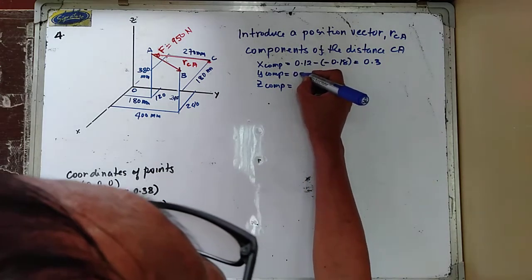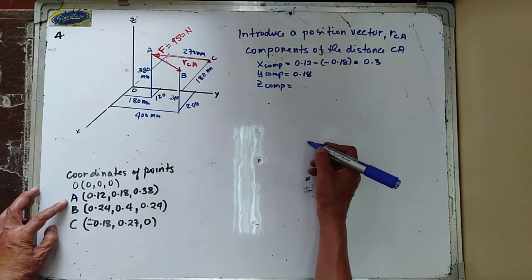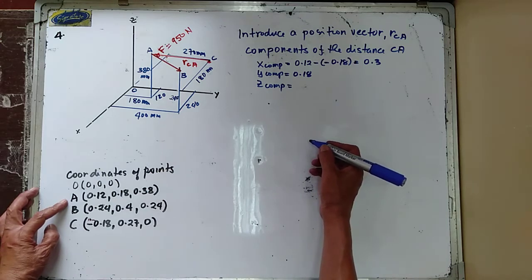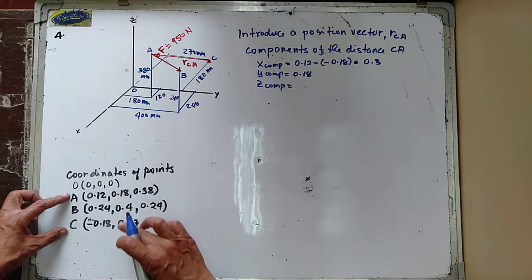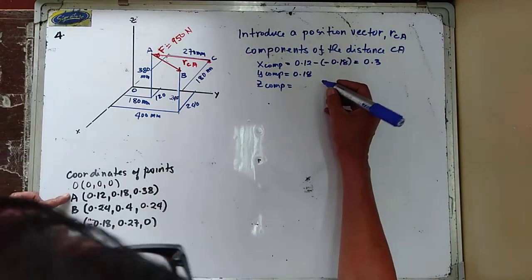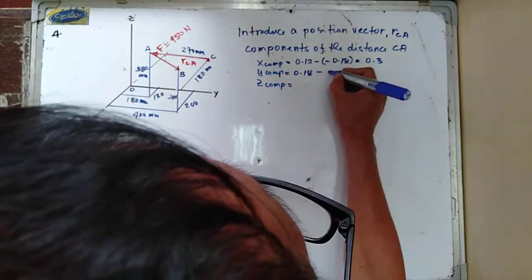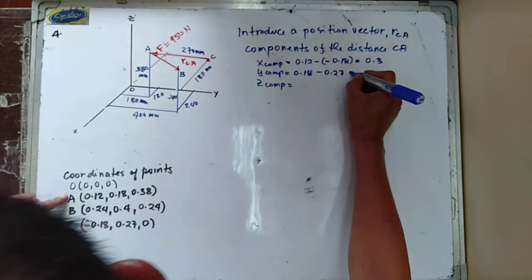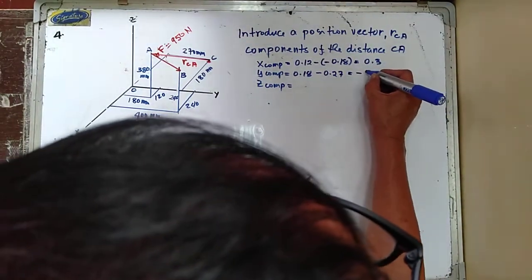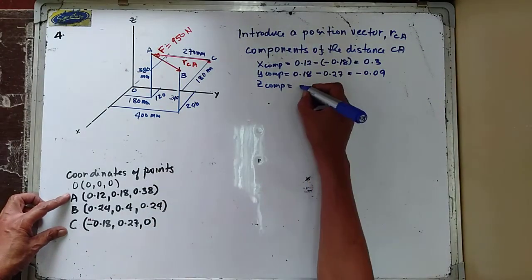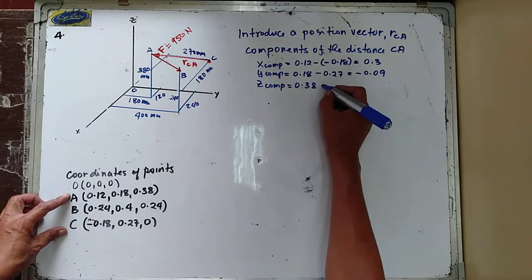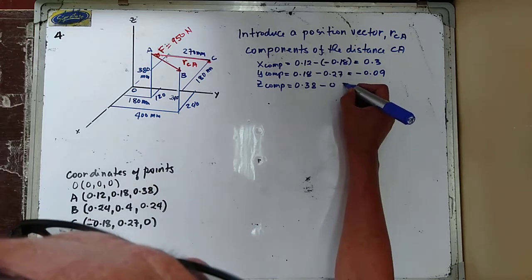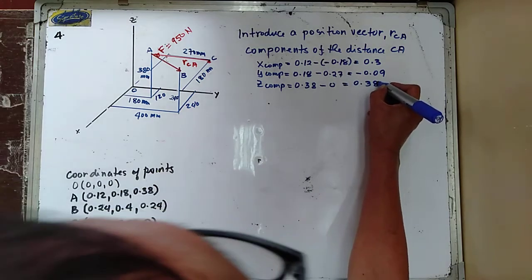Then 0.18 minus 0.27, so that is equal to negative 0.09. And then 0.38 minus 0, and this is equal to 0.38.